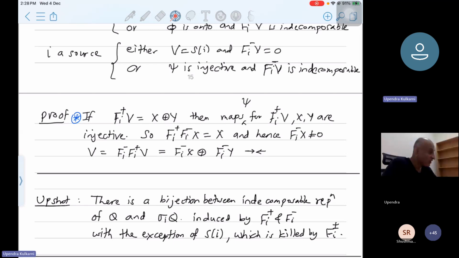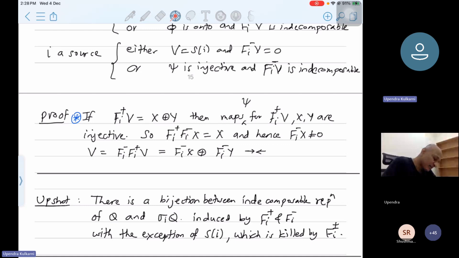In what fashion? If I have Si, then it dies. Okay, but there is of course another Si sitting on the other side. So you could artificially just pair up the Si for Q with Si for sigma I Q. But when you set that aside, the rest of it just pairs up functorially.